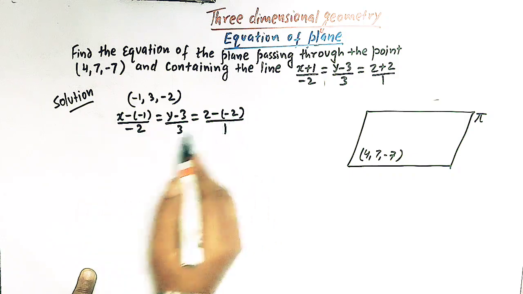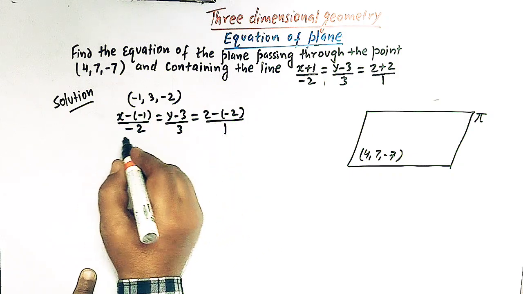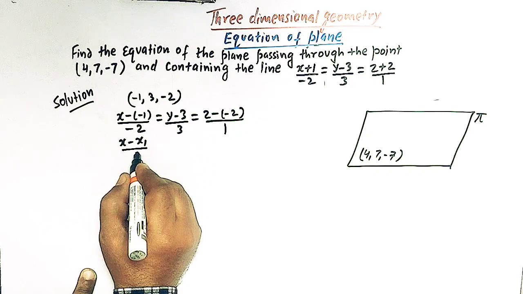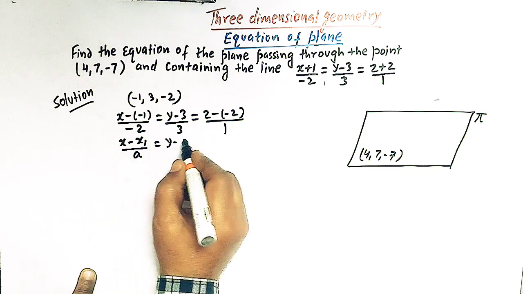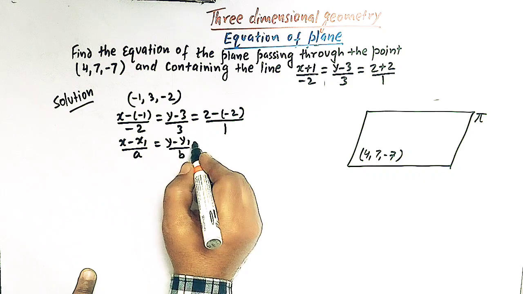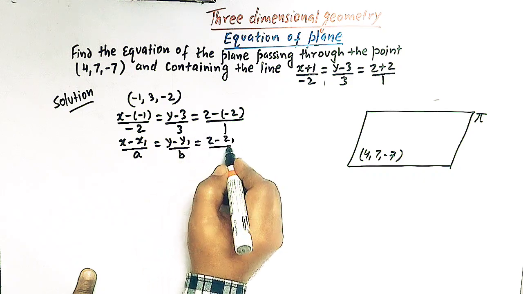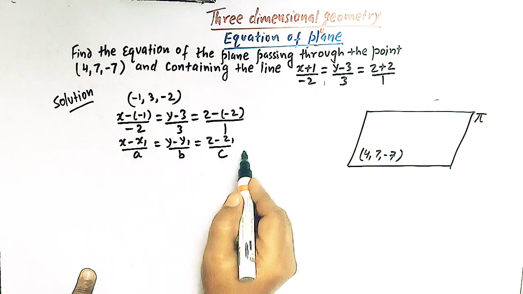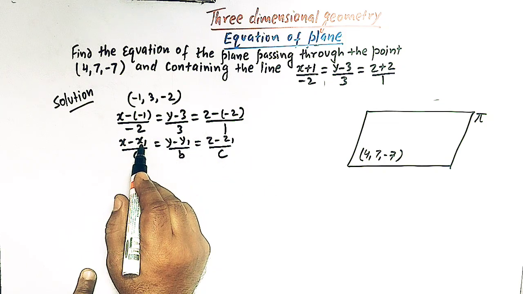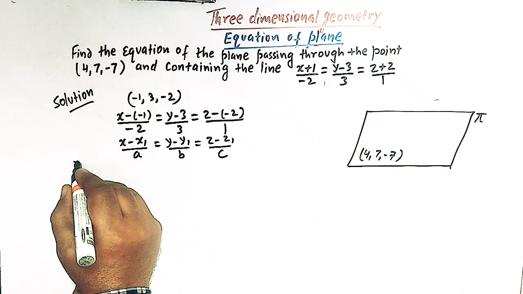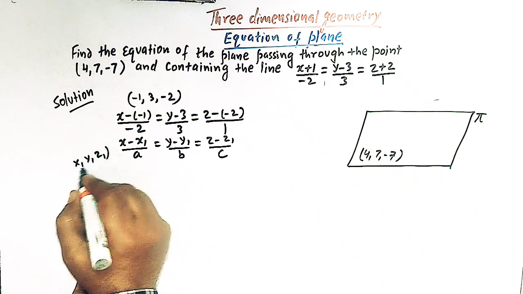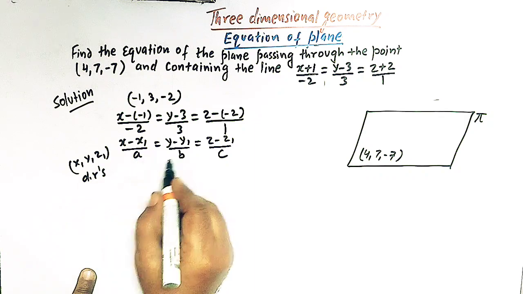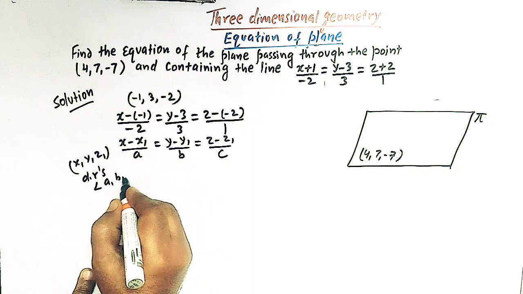See here the equation of a line in symmetric form may be written as (x - x1)/a, (y - y1)/b, and (z - z1)/c. So whenever we are given the equation of a line in this form, then the line passes through this point, that is x1, y1, z1, and the direction ratios of the line are given by a, b and c.